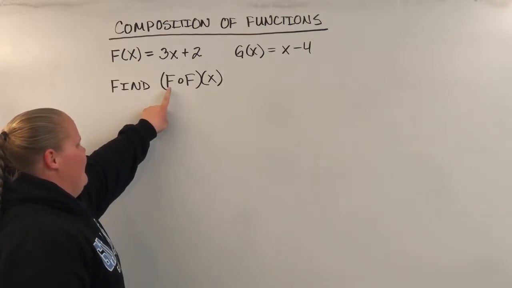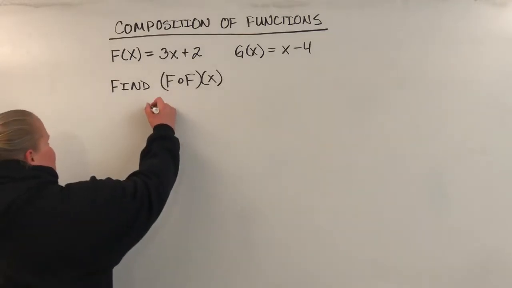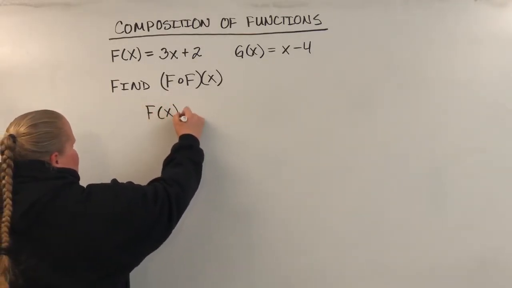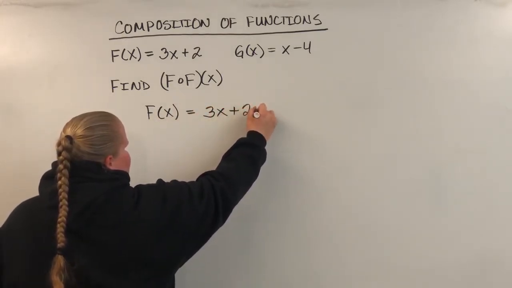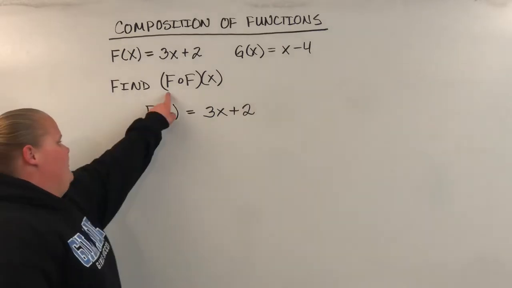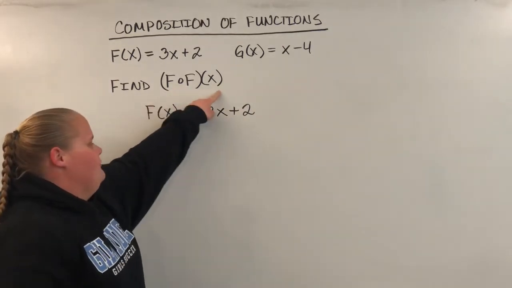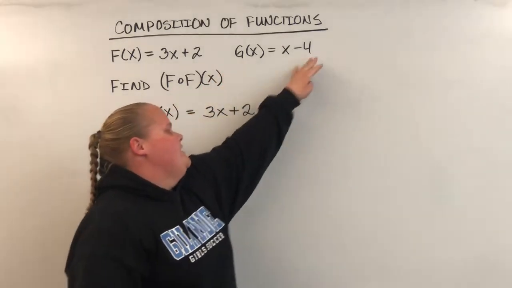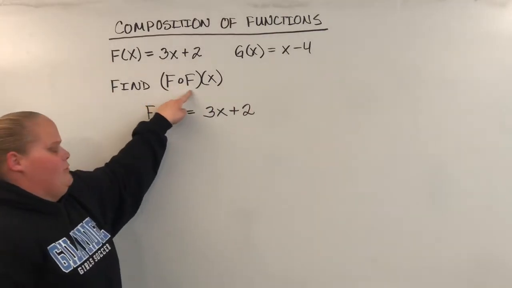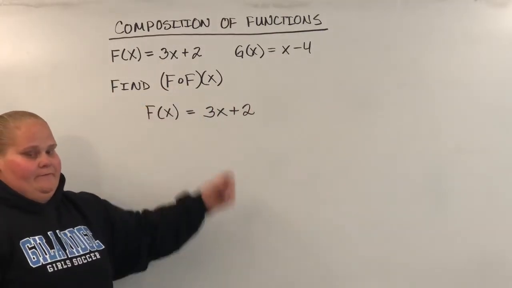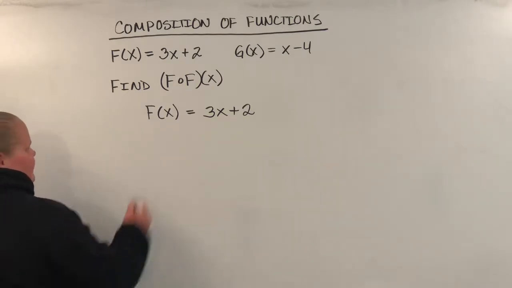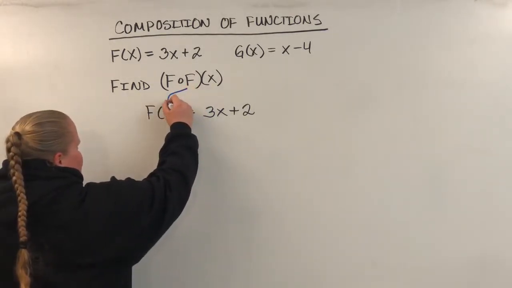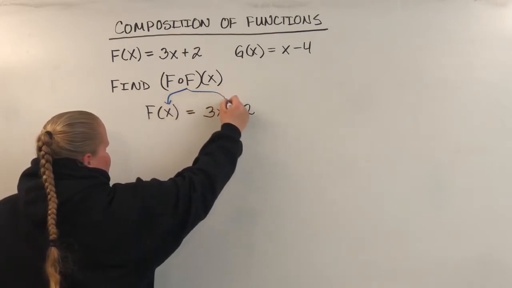You're still looking at what you have. F is first, so f of x equals 3x plus 2. Notice there is not a single g in here, so for right now, this g function doesn't exist because there's no g inside these parentheses. We're just dealing with f. So I'm going to look at the second letter, which of course is f, and wherever I see an x, that's what I'm going to plug in.